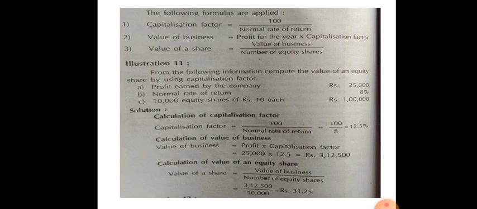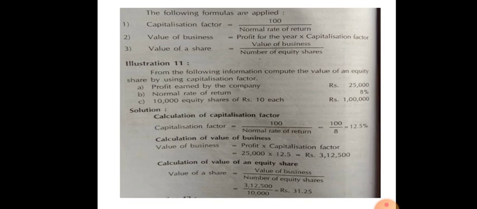Value of a business is equal to profit for the year into capitalization factor. And the value of a share is the value of a business divided by the number of equity shares.